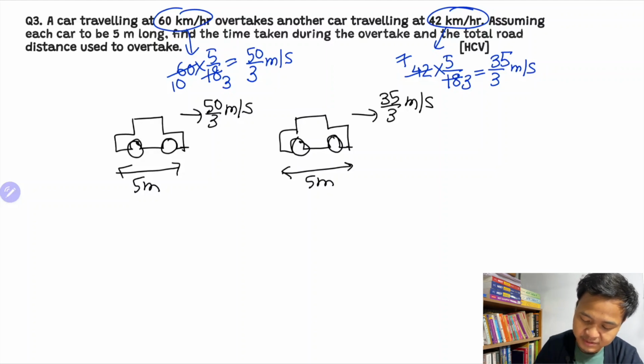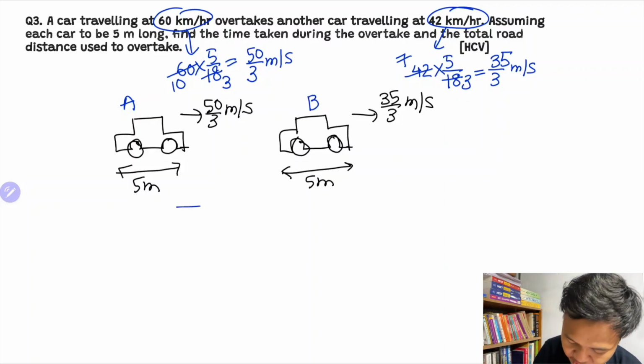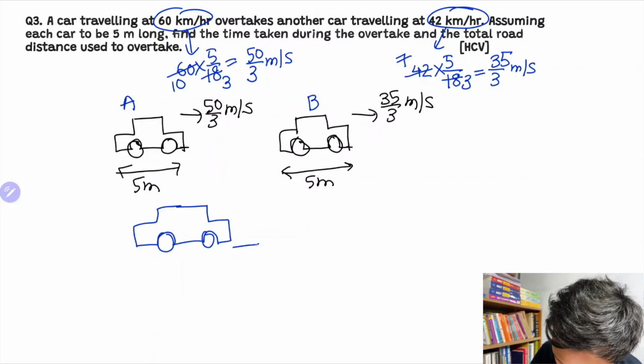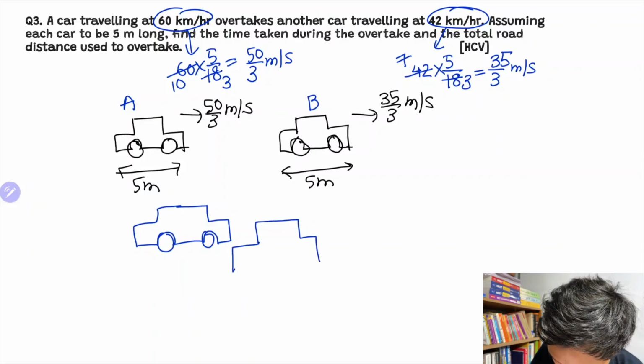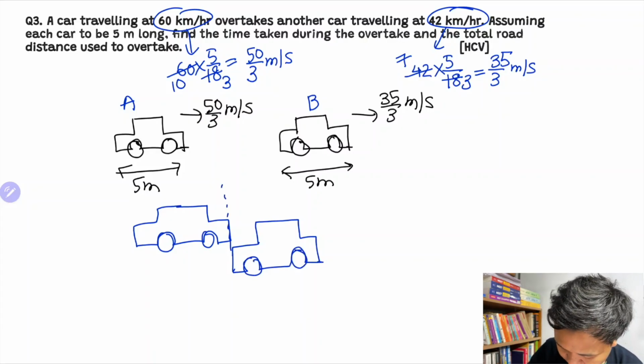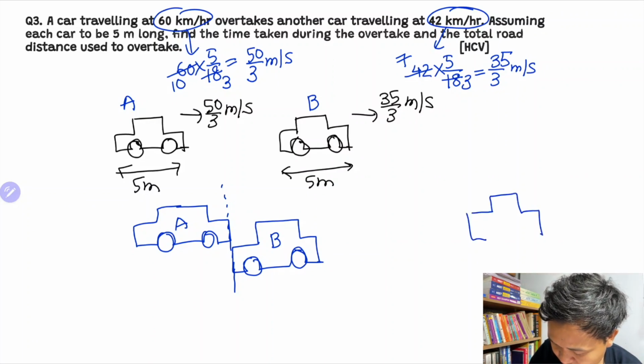For the overtake part, let's say this is car A and car B. When car A reaches the other car, it will be like this. At this point, car A just reaches car B. Once it overtakes, when do you say car A has overtaken car B?